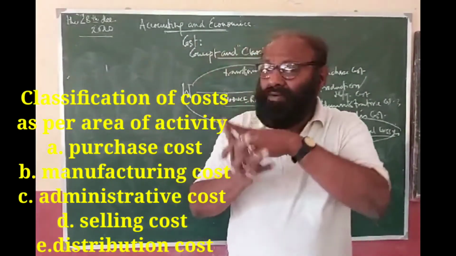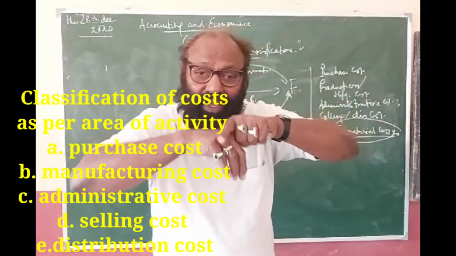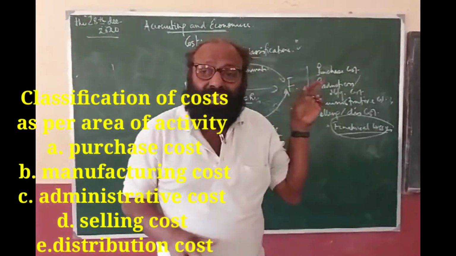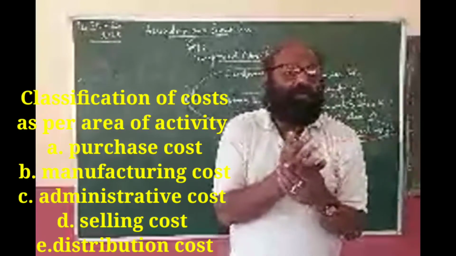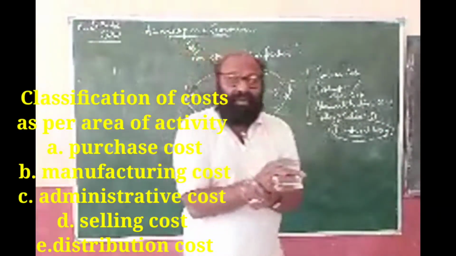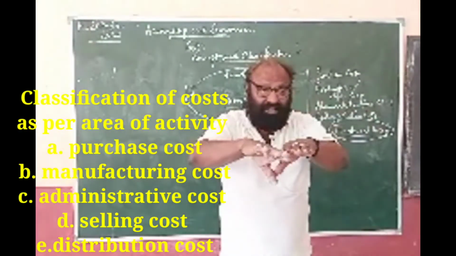Right now you are the manufacturer of furniture. Now what do you do? Your first task is to buy the woods. Say you are buying woods from Assam or Darjeeling, and you are carrying the woods from there to your place.